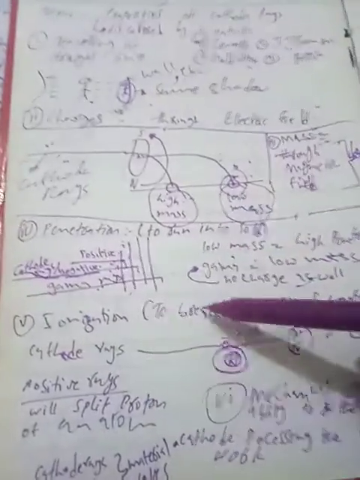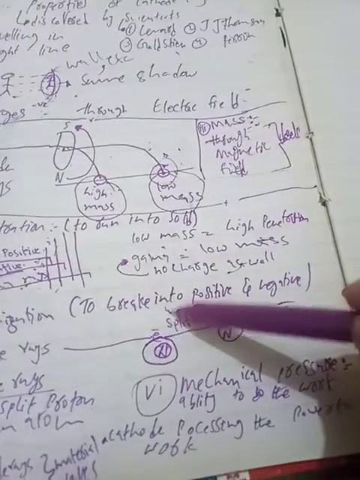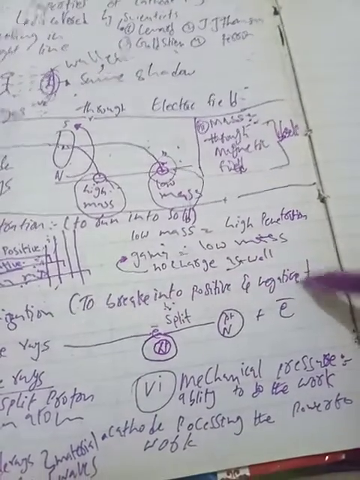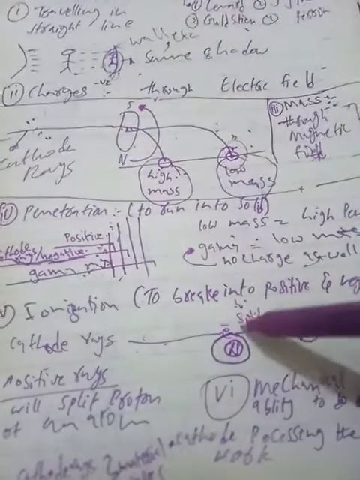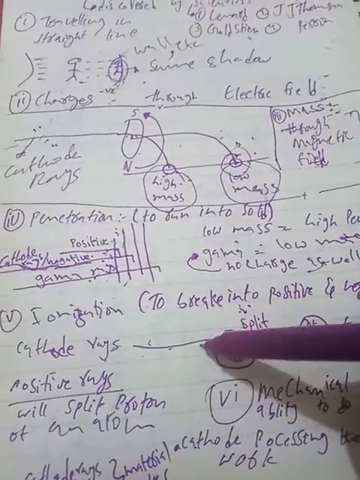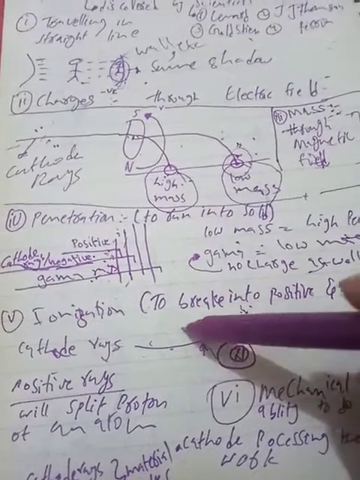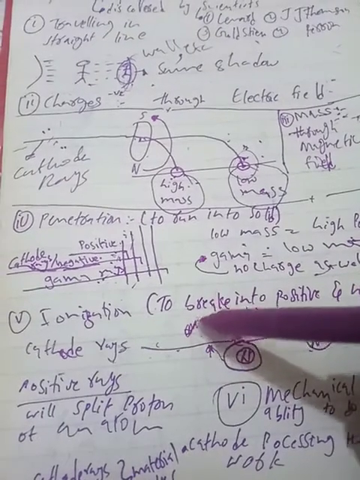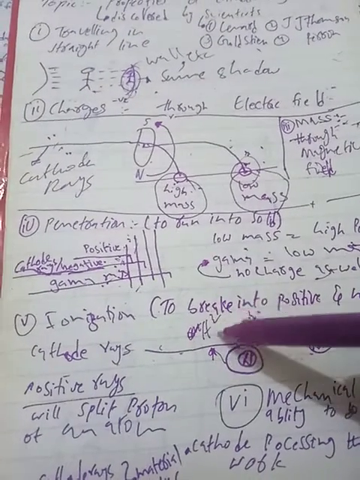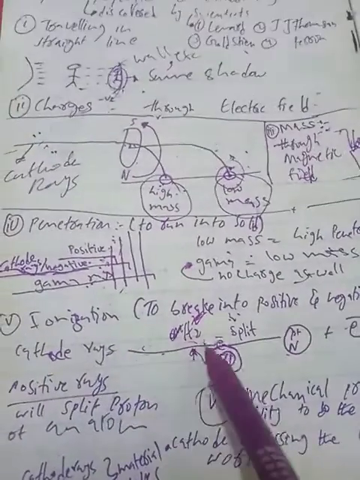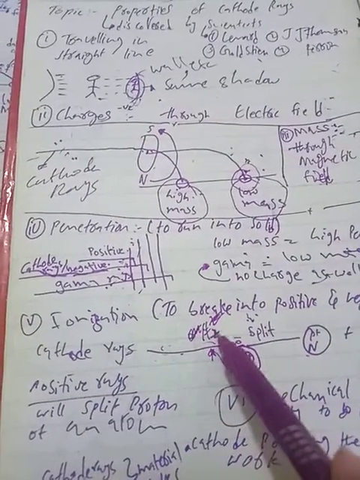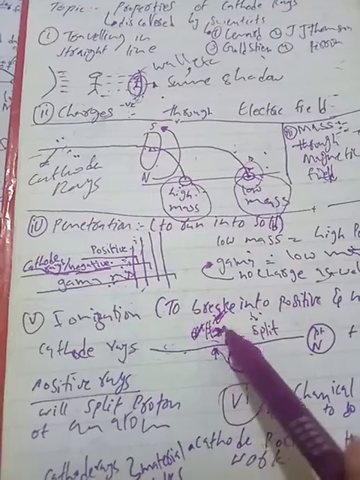Here we got another point, which is ionization, and it means to break into positive and negative. So when we pass cathode rays into an atom of any substance, here we took the example of hydrogen, which is a gas, H2. However, when cathode rays move, there is only one hydrogen, so I do not have to put two here.